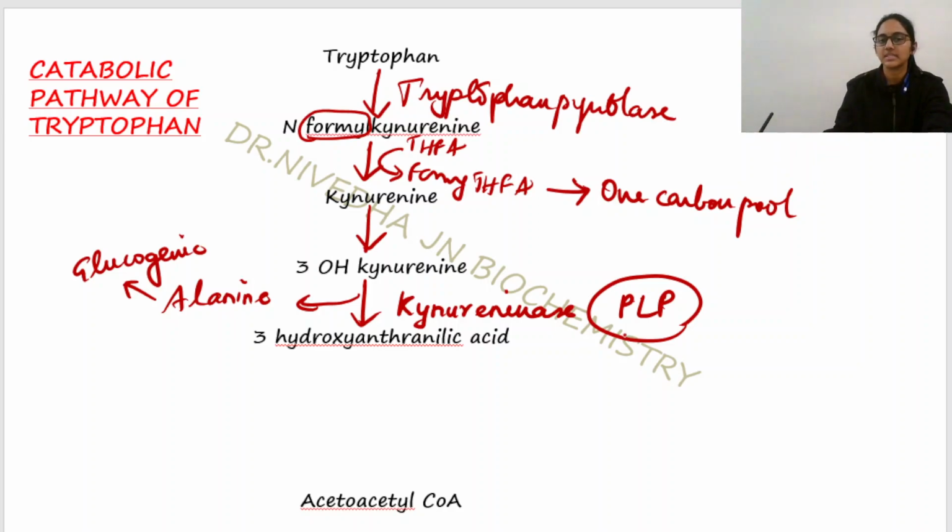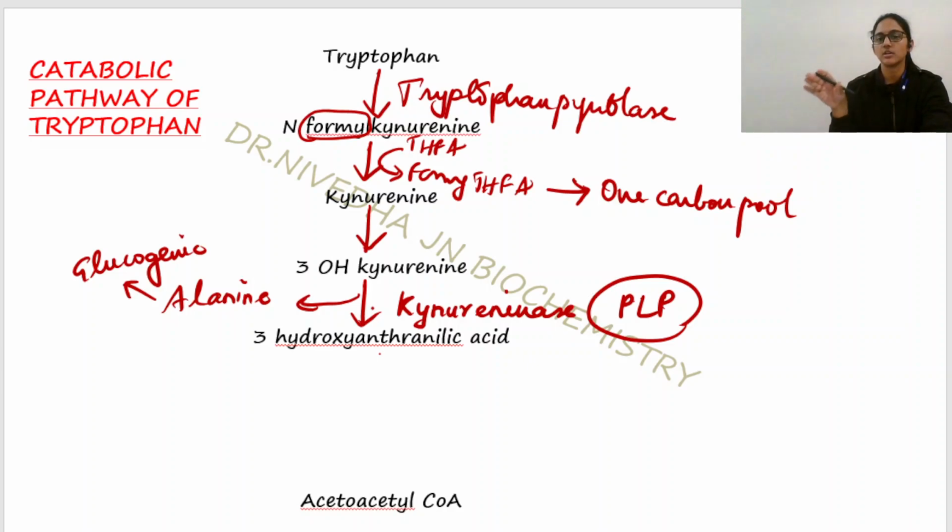Now what happens in pyridoxal phosphate deficiency? If there is pyridoxine, or vitamin B6, deficiency, then your 3-hydroxyanthranilic acid is not formed. In the next slide, we will see how niacin is formed from 3-hydroxyanthranilic acid. So now you can think of why B6 deficiency will lead to pellagra-like symptoms.